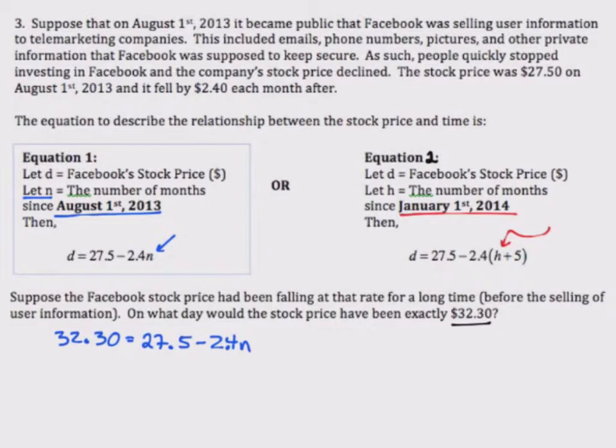And in our second equation, we're going to have 32.30 equals 27.50 minus 2.4 times H plus 5, where H represents the number of months since January 1st, 2014. So why don't you go ahead and solve the blue equation for N and the red equation for H, and then determine on what day the stock price would have been $32.30.